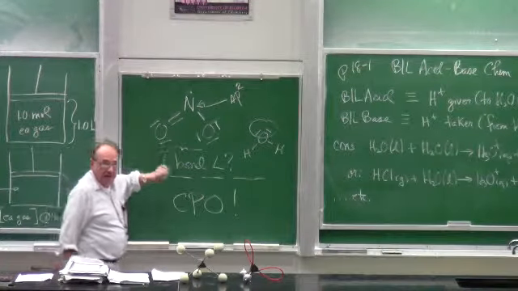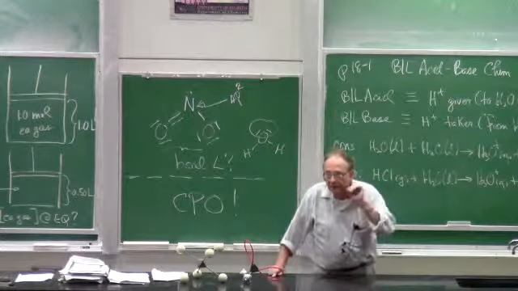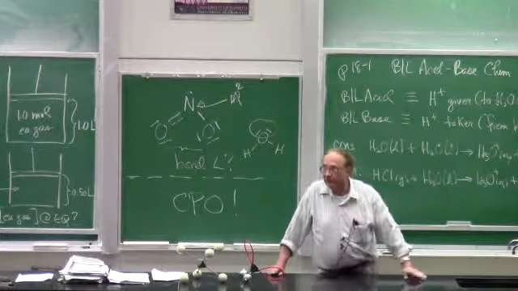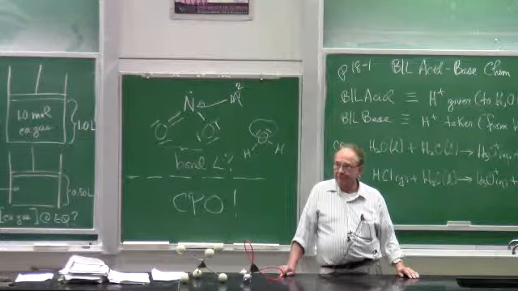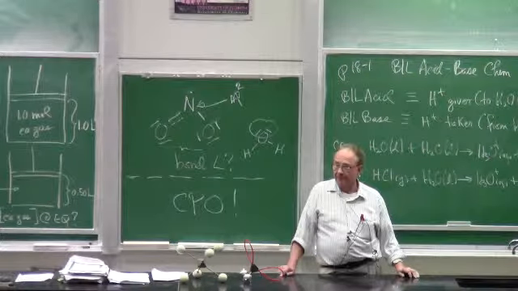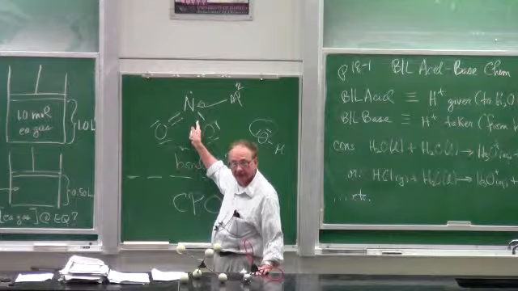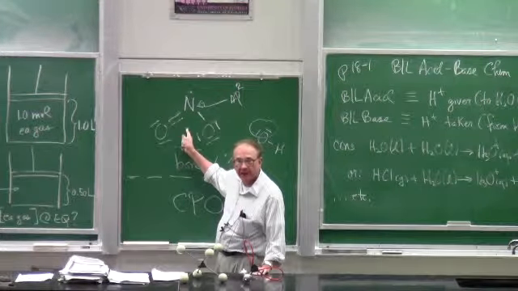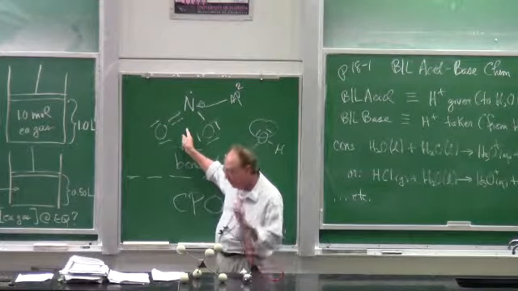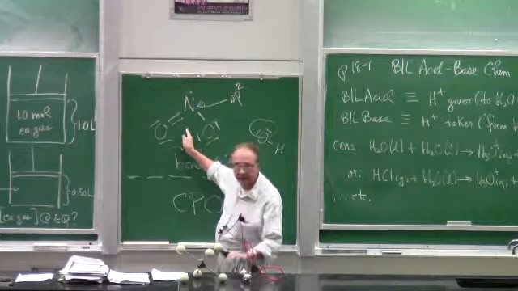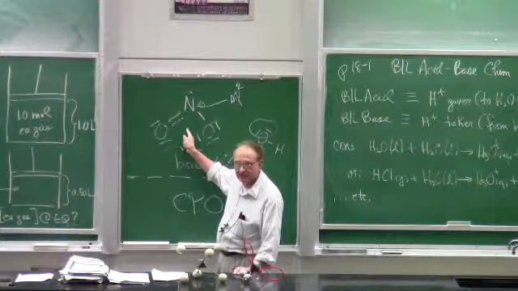Numerical value for the NO bond order. What is it? 1.5 or 3 next. Same thing. 1.5. Because this molecule shows what very important valence electron property? R-E-S-O-N. Resonance! Right?